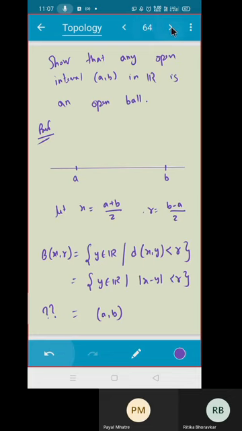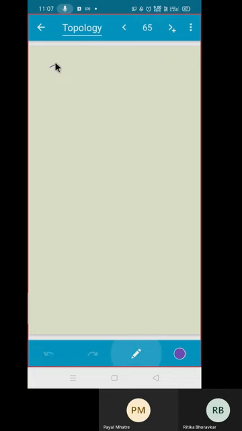I am giving you a thinking exercise. Is R an open ball? We'll discuss this question also on Monday. Is R an open ball, an open ball in R? Yes, sir. Okay, how can you say?